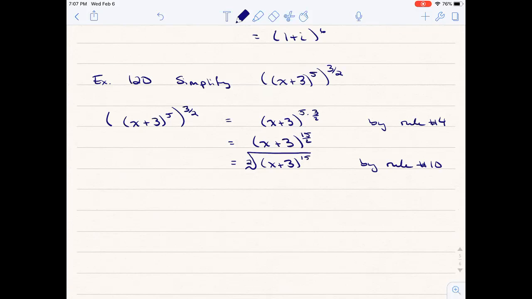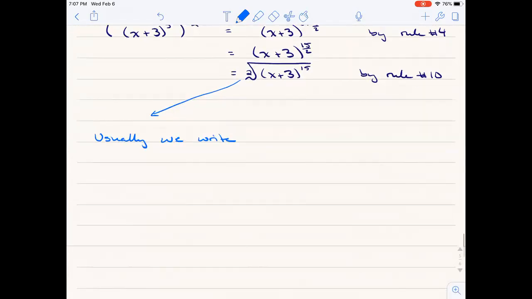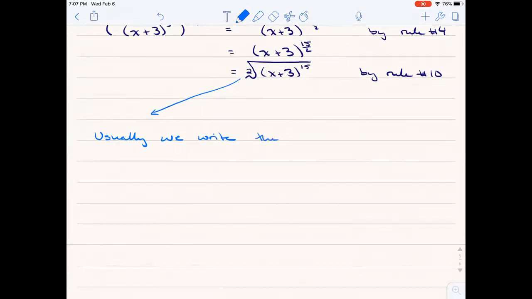I'll throw in the 2 here just to show that it's there. But I'll just make a little note here that usually we write the square root as just the square root, right? But for any other root, we add the root number, in quotes, in the hook of the root.